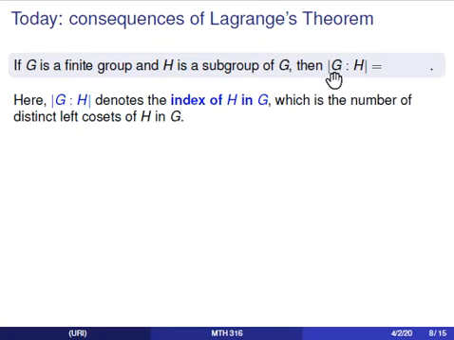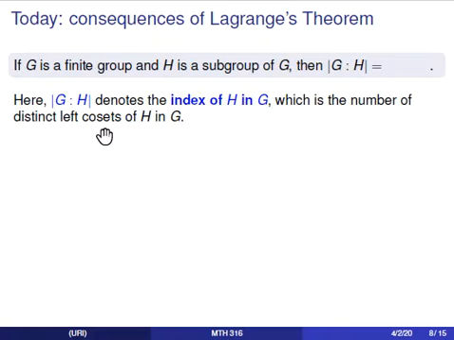But first we should say what we mean by this. The notation with absolute value symbols around G colon H means the index of H in G, and what that means is the number of cosets of H making up G. Okay, so G colon H means the number of cosets of H in G. Now we will be talking about left cosets.